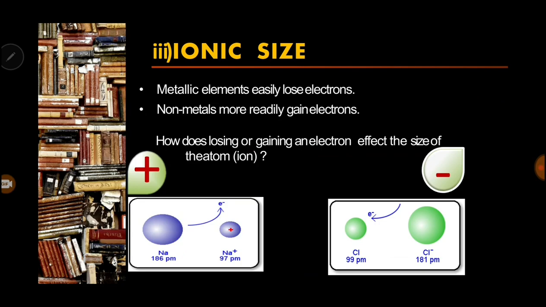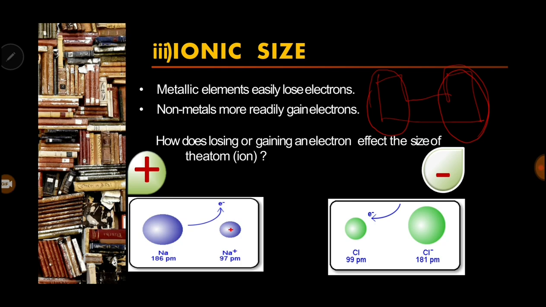In terms of ionic size, metals will lose electrons. Metals are from group 1 and 2, and non-metals are from group 17.